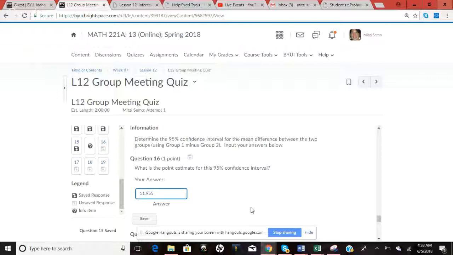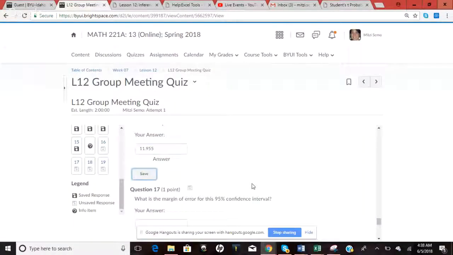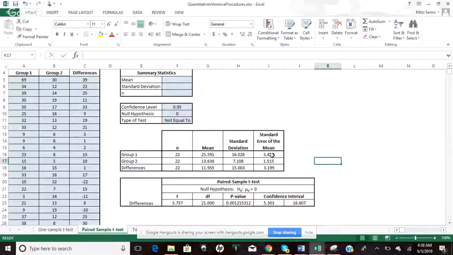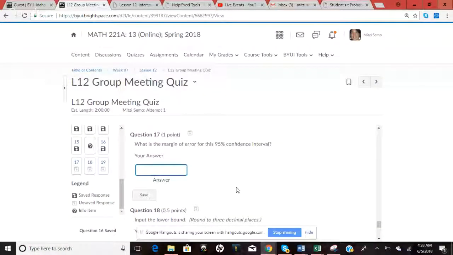And then it says the margin of error is 3.199. Where do you see that? On the Excel spreadsheet, right here, the standard error of the mean, that one? Yeah, 3.199. Okay. I got that answer wrong last time because I couldn't figure out where to find that one.